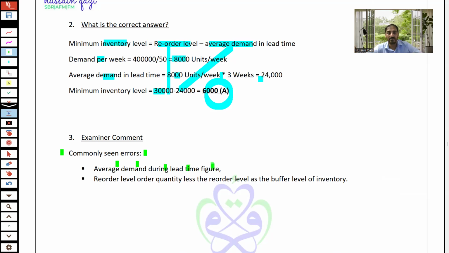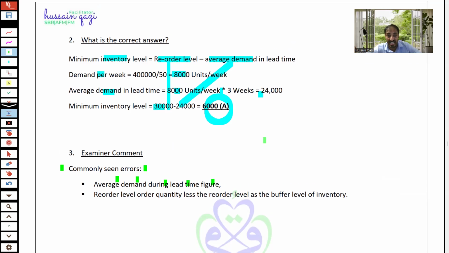That's an examiner complaint. For the calculation of average demand during lead time, for example, divide by 5, 8,000 units per week, multiply by 3 weeks, you need to be careful, because this formula is not available with the exam question. You have to learn this formula.